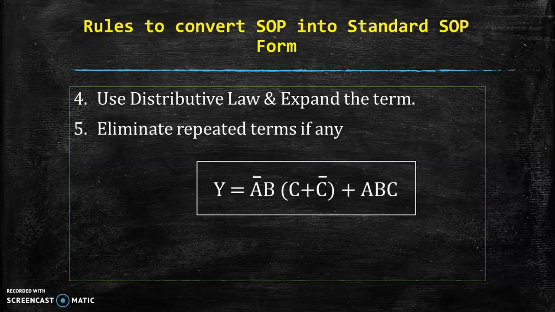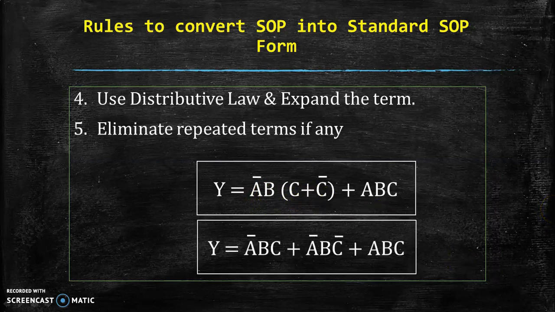Again, in the same example, A bar B dot C plus C bar plus ABC. In the second term we are not going to do anything, but in the first term we have to multiply A bar B with C, and again A bar B with C bar. So A bar BC plus A bar B C bar plus ABC.